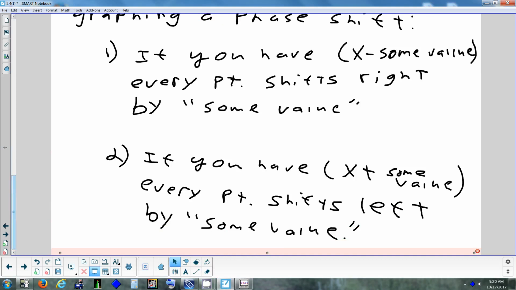Now, technically, you can shift by whatever you want. You could shift by 12 degrees, 14.7 degrees, but there's common shifts that we usually do. The common ones are 45, 90, and 180. They're not the only ones, but they're just the ones that we do most often.